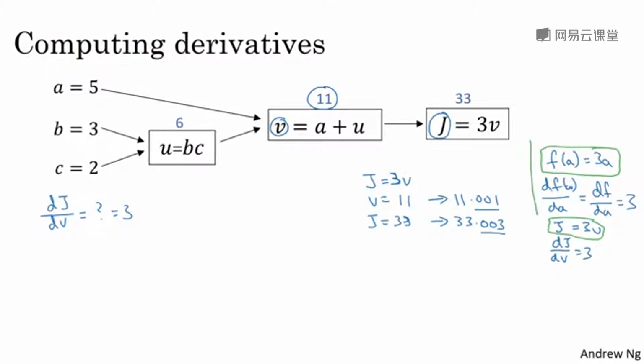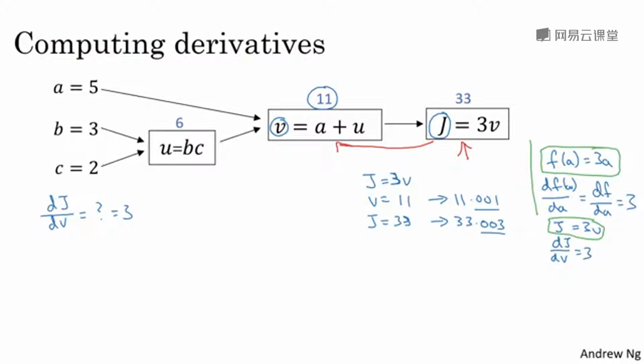So in the terminology of backpropagation, if you want to compute the derivative of this final output variable, which usually is the variable you care most about, with respect to v, then we've done one step of backpropagation. So we've gone one step backwards in this graph.